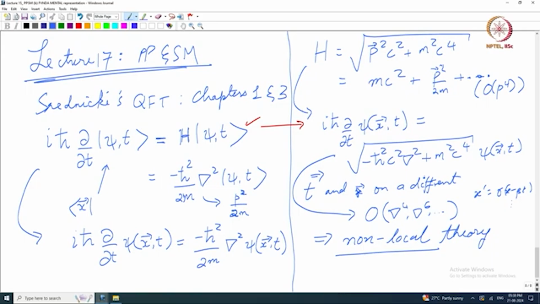We notice that there is still one power of the time on the left hand side, and in some sense there is still one power of space on the right hand side, because the square of the space derivative is under a square root. So this suggests that it is possible, at least from dimensional analysis, to put them both on the same footing if we just squared both sides, not just square the wave function also, just square the operator. So let us see what happens if we do that.